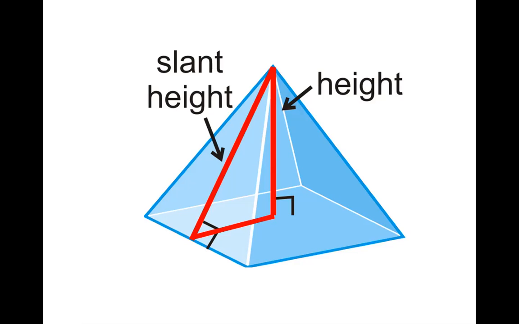Lastly, I will only be giving you square pyramids for all of these problems. If it's a square pyramid, that means all the sides of the square base are the same measurements. In other words, the left side equals the right side equals the back side, and so forth. Okay.